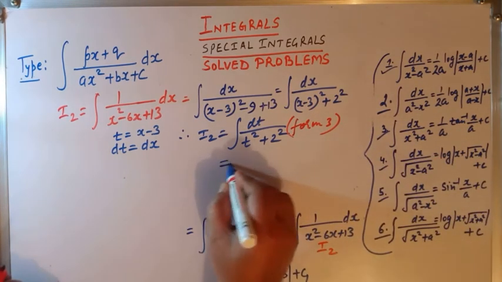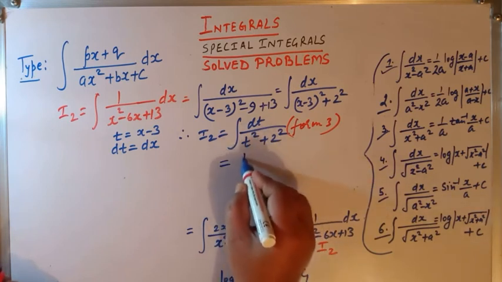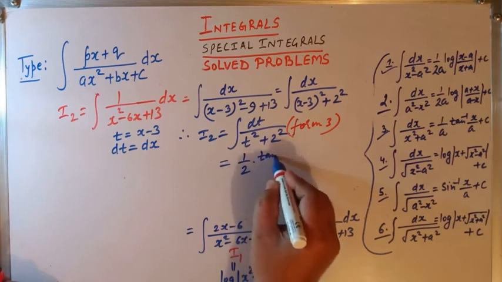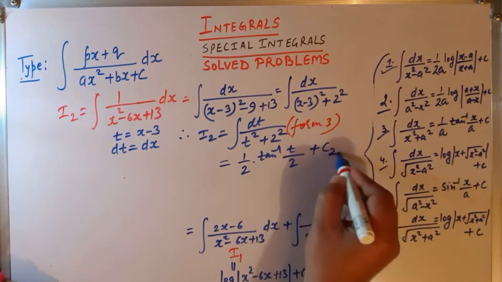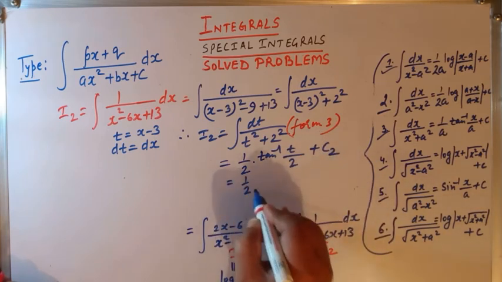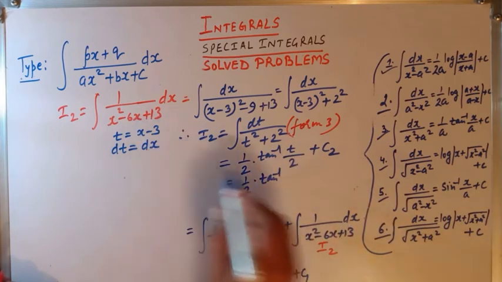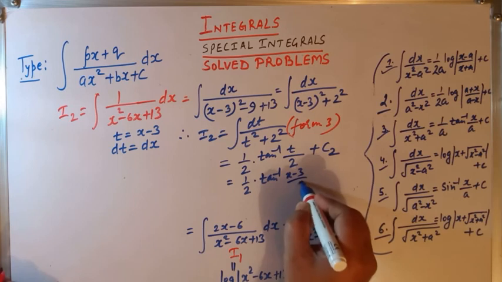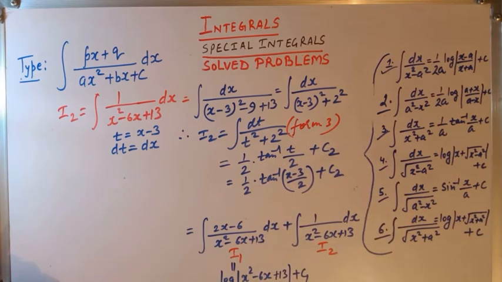So the integral of 1 over (t square plus 2 square) is 1 over 2 tan inverse of t divided by 2 plus c2. Now we can write it as half multiplied by tan inverse of (x minus 3) divided by 2 plus c2. Clear? So now we have calculated the values of I1 and I2.